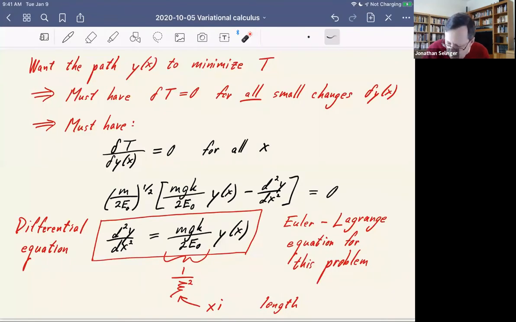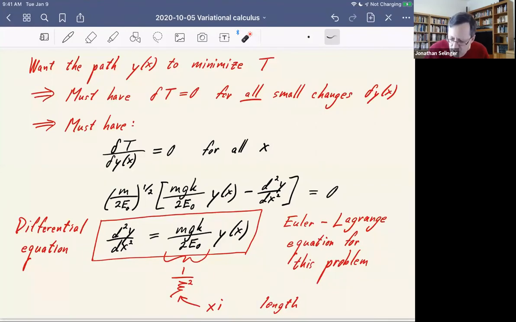And over here on the right side of the equation, here's units of y, so this better be divided by length squared, right? So the equation can only be correct if xi is in fact a length. And if we go back and refresh our memory about what are all these parameters, energy, mass, gravitational constant, curvature of the valley, then yes, this is in fact a length.